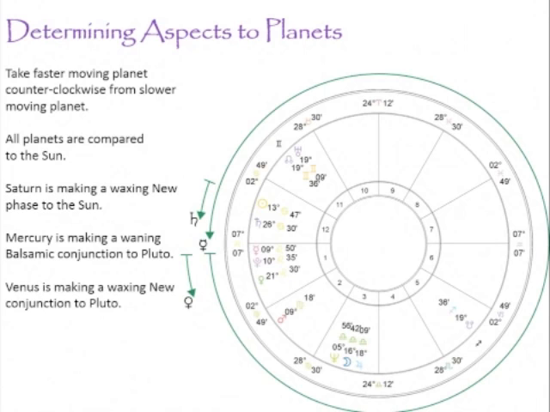And so when we are going to compare any 2 planets, we always start with the slower moving planet. So in this example, I have Saturn making a new phase to the sun. We use the wide orbs when we are working with aspects.